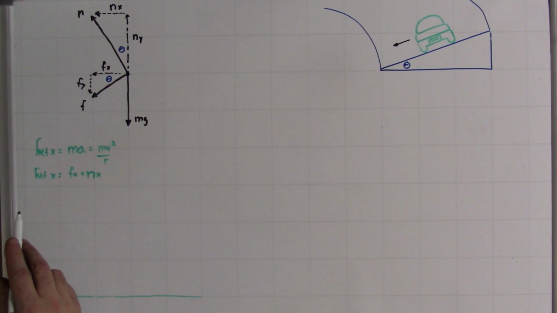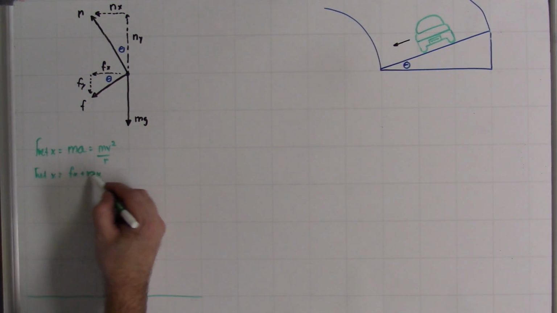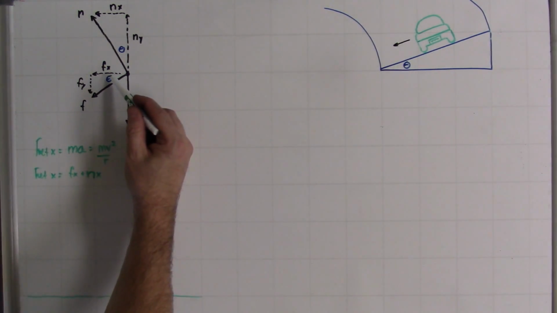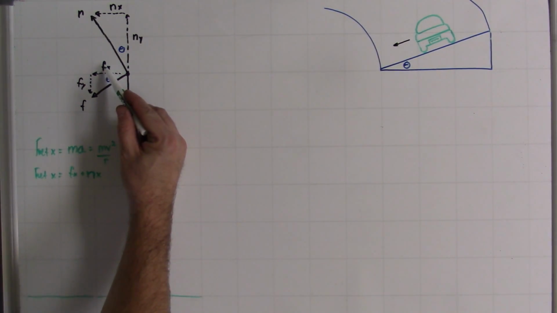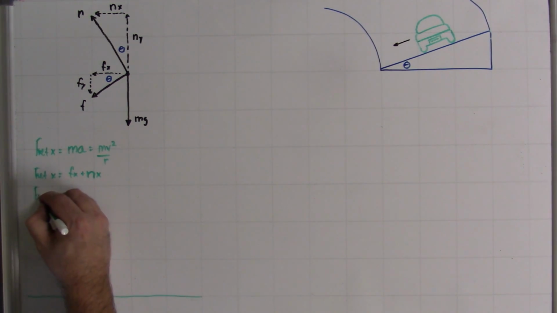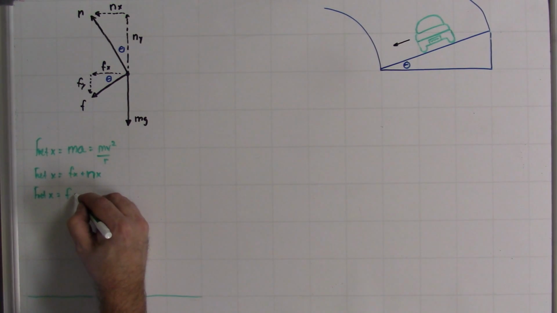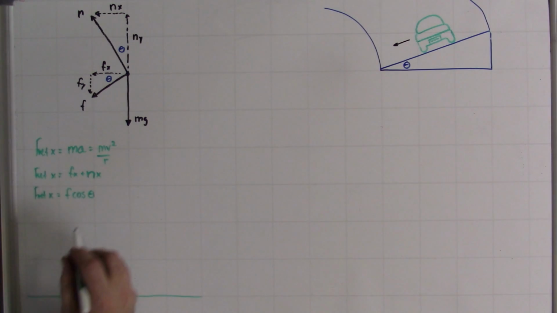How do these things relate to the angle is the question. Well, the F in the x direction is the adjacent side, so it's actually equal to F cosine theta.